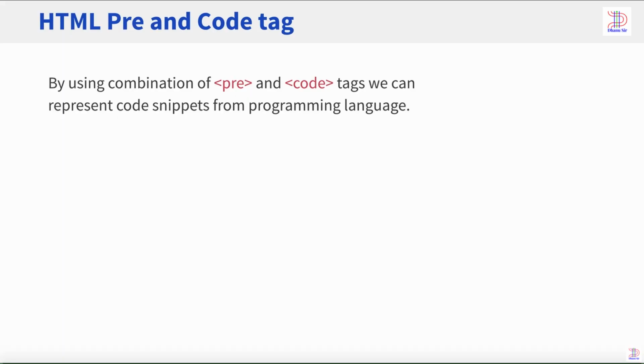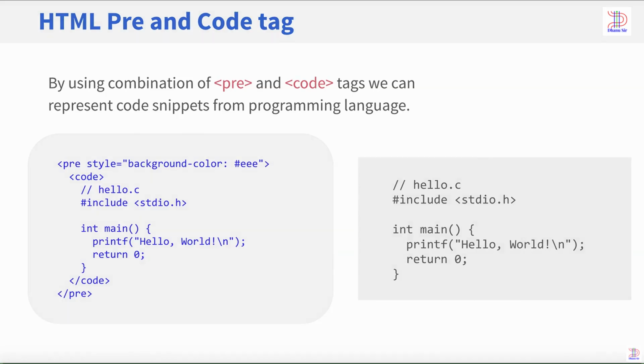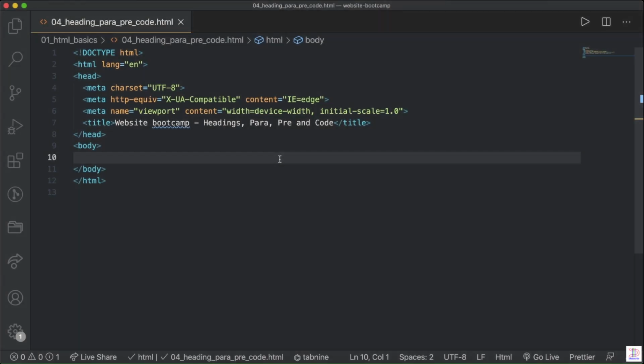Now if we use pre and code tags simultaneously, then we can represent code snippets from programming languages. Example, here I have tried to represent the Hello World program from C language, and it looks like this in the web page.